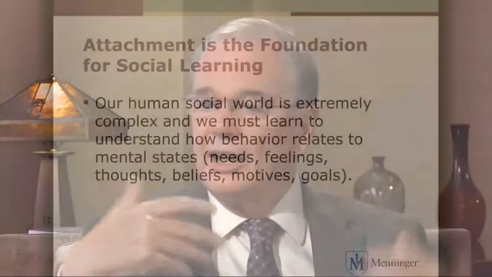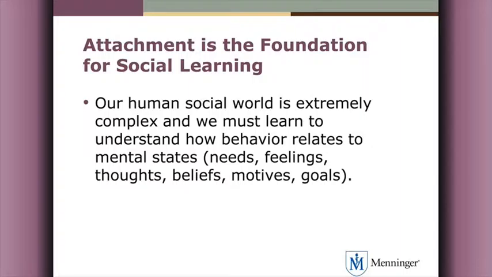Okay, well, we take for granted that we can understand each other reasonably well. Although, we can't always take it for granted because sometimes we're downright bewildered about, how could he have done that, or how could I have done that? But think that our behavior is based on very complex psychological states, that we have different feelings, we have different beliefs, we have different goals, desires, needs, and so forth.